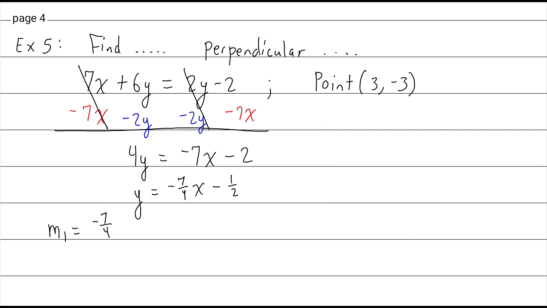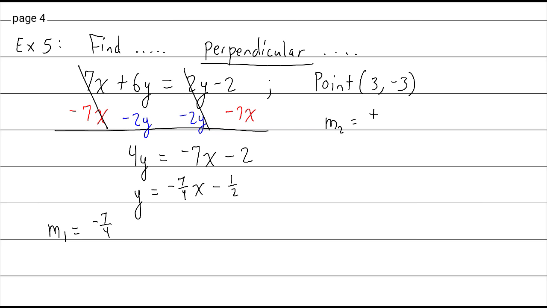Now I need to find the equation of the second line. Well, if the first one's slope is -7/4 and I want a perpendicular line, remember the criteria for that. The slope has to have opposite signs and be reciprocals. So the opposite of negative is positive.